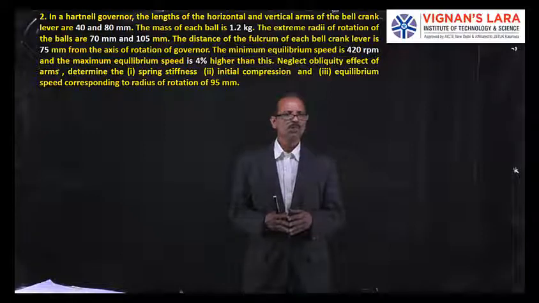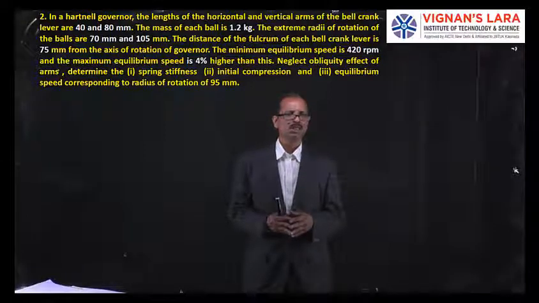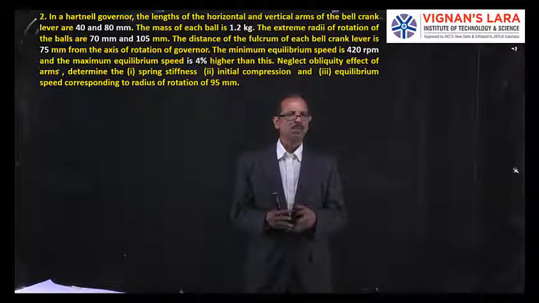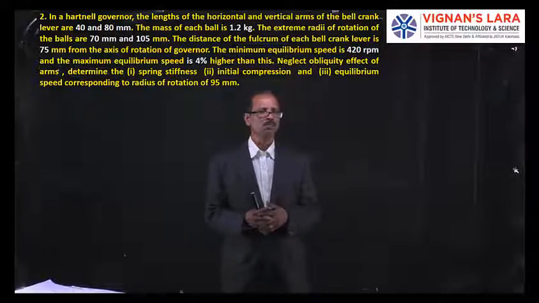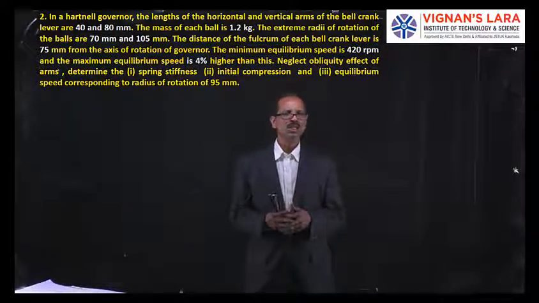The minimum equilibrium speed is 420 rpm and the maximum equilibrium speed is 4% higher than this. Neglect the obliquity effect of arms. Determine (a) spring stiffness, (b) initial compression, and finally (c) the equilibrium speed corresponding to a radius of rotation of 95 mm.